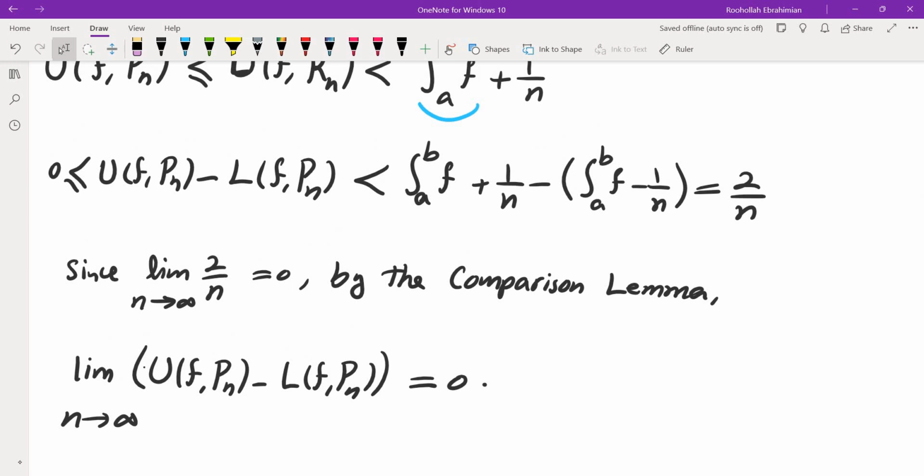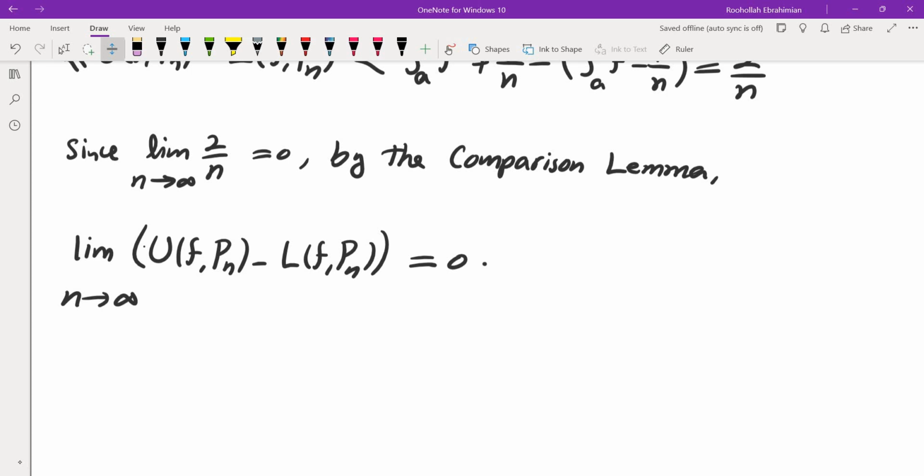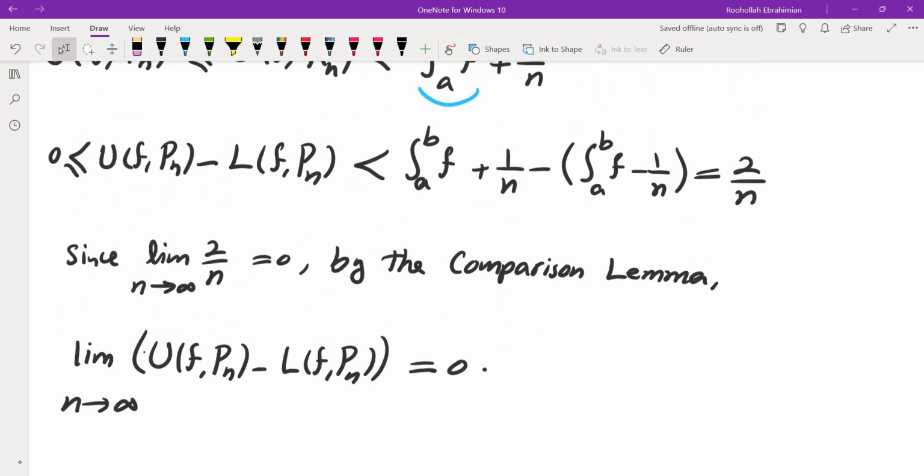Okay, so this proves one direction of the theorem. So we found a sequence of partitions such that the upper sum minus the lower sum approaches 0.